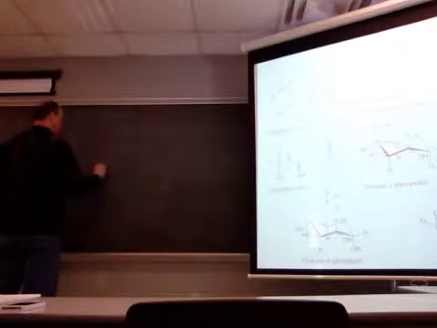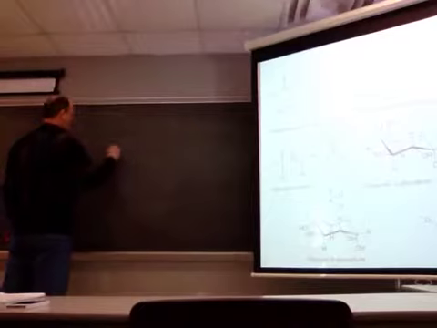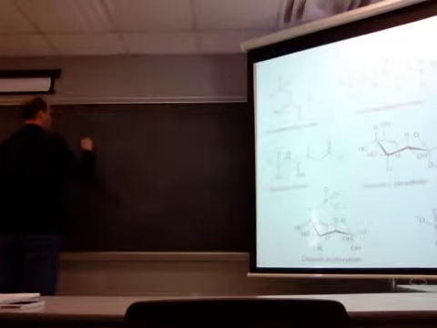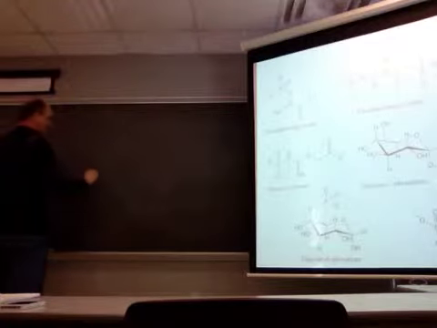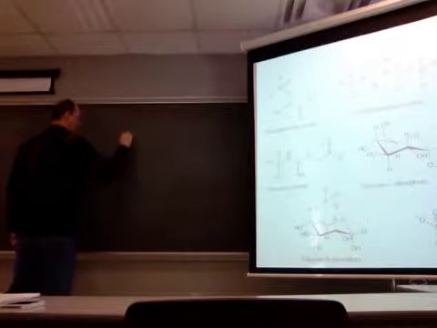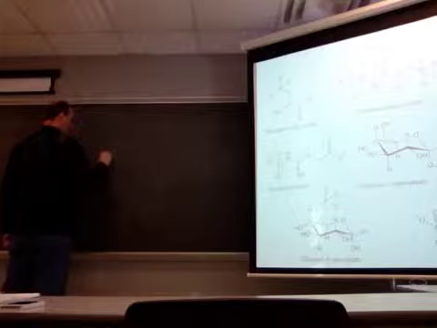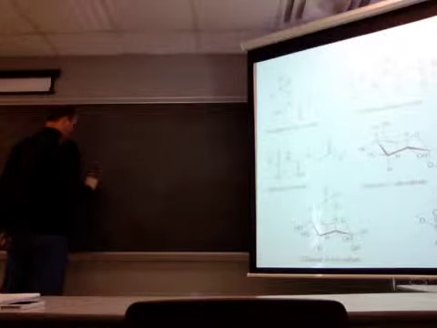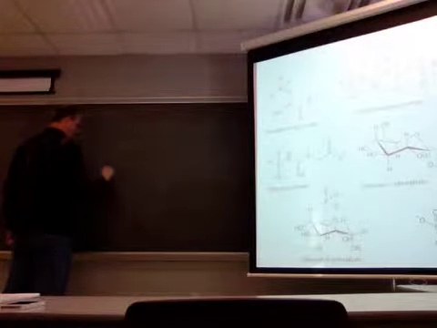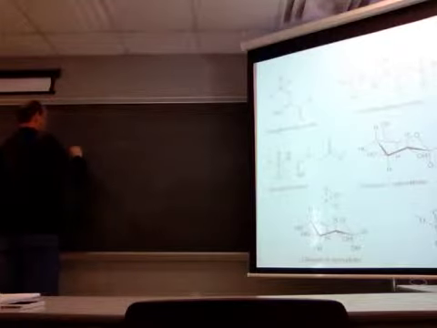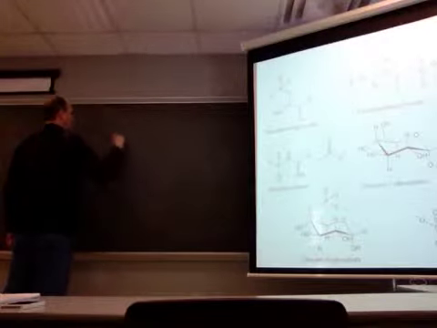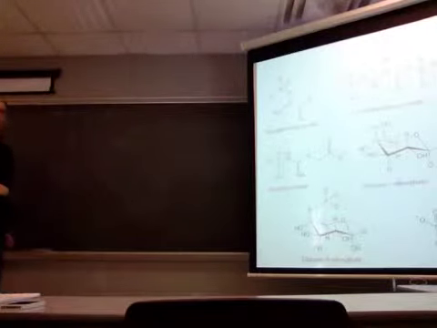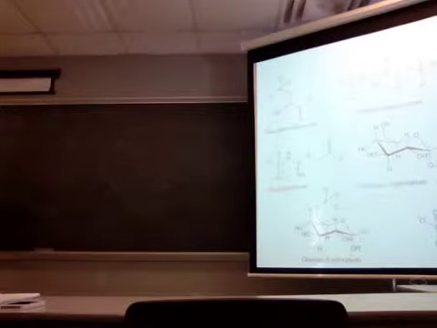You've got a C, N, N, N. Right? Say we go ahead and protonate that one. If we just look at the guanido group itself, we can get something like that.